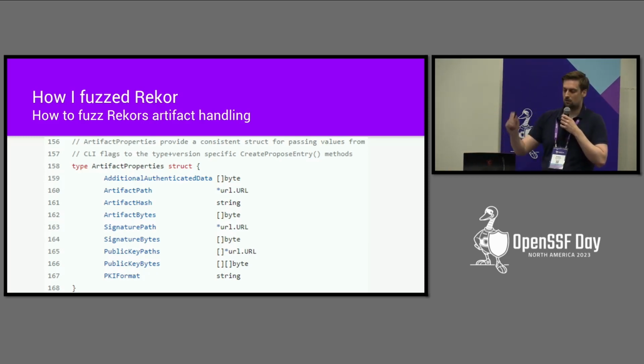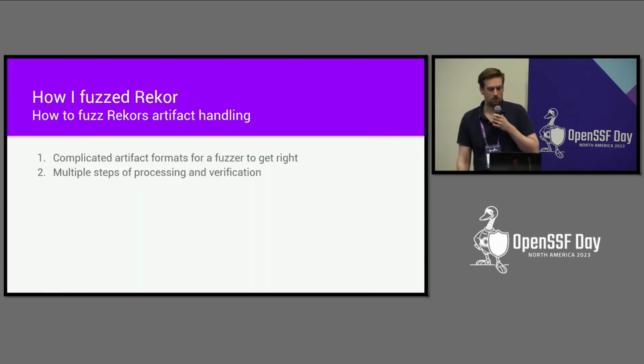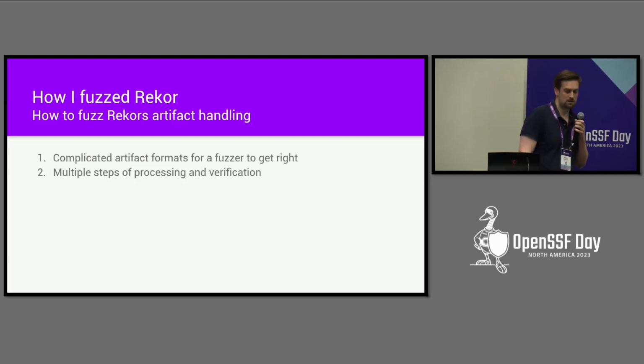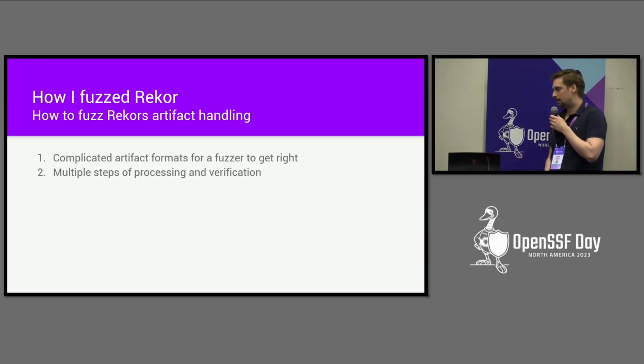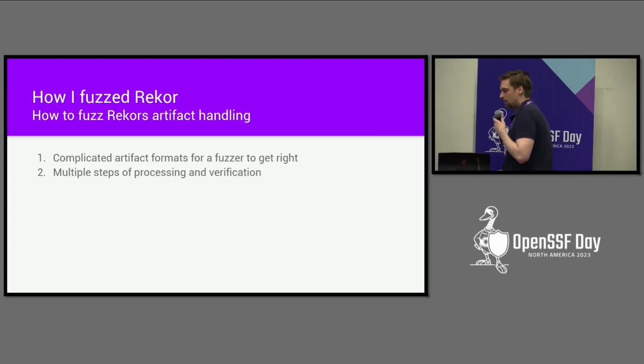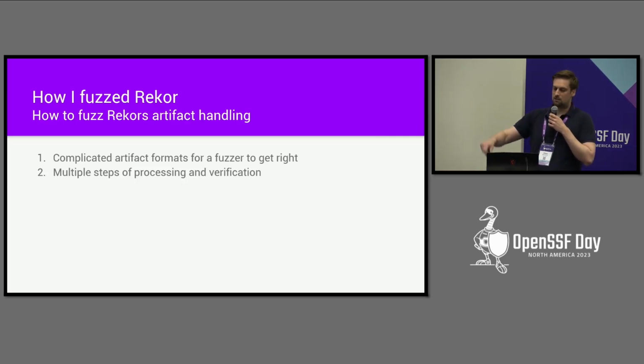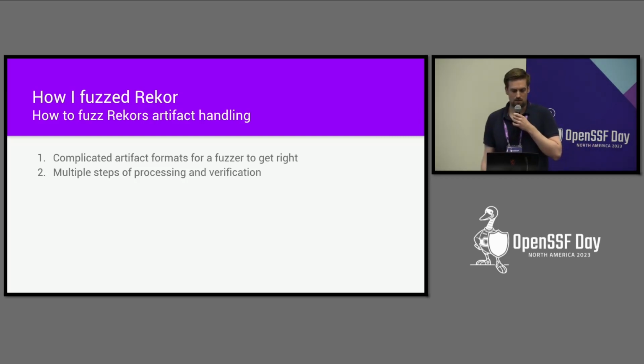You can randomize all of this and pass it to Rekor, and that's a valid approach, but you can't depend on that alone. Because when Rekor processes an artifact, it carries out several steps that make it very difficult for a fuzzer to generate valid pseudo-random data that will reach deep or far into the call tree of the processing.